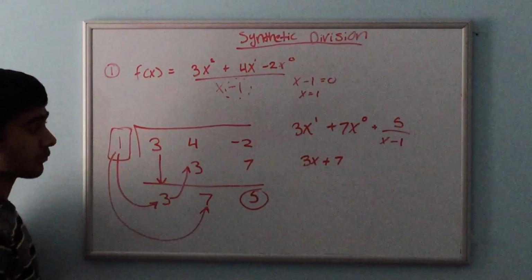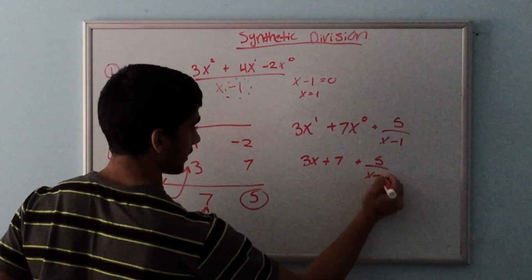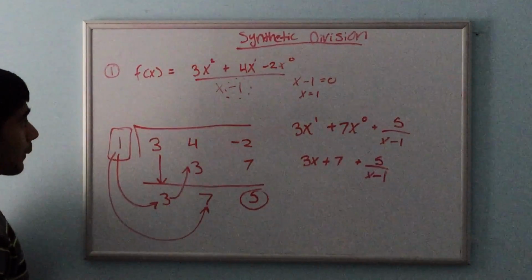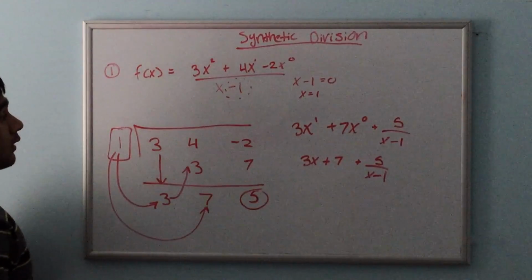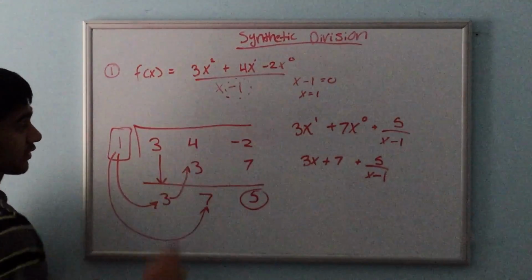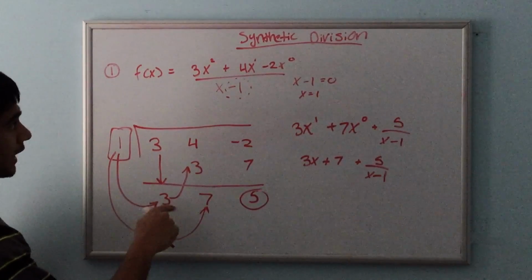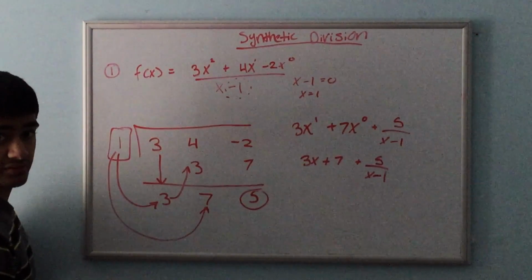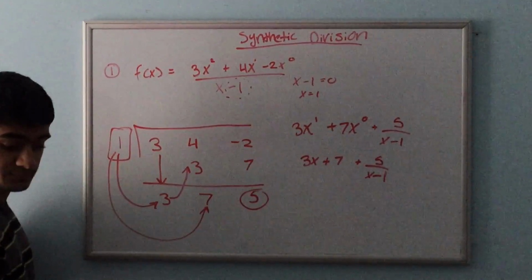X to the 0 is 1, remember, so that stays as a constant, plus 5 over x minus 1. So remember, when we divide, what we get out of it are the coefficients of the answer, and the first term is always one power less than the highest power in this problem, which is x squared. So this would be just x to the first.